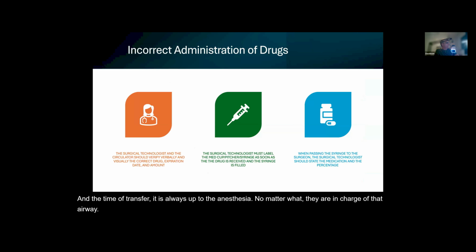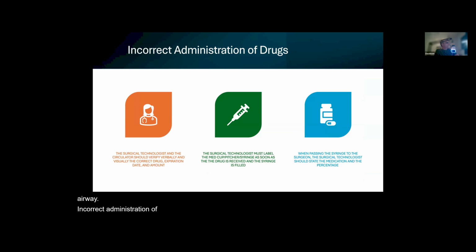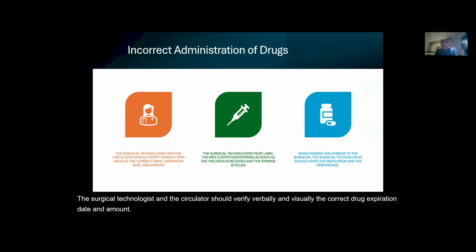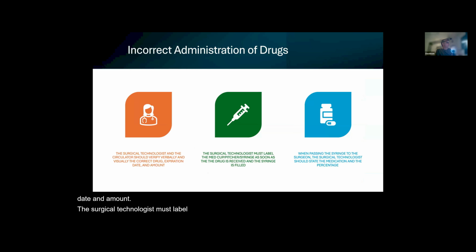Incorrect administration of drugs. The surgical technologist and the circulator should verify verbally and visually the correct drug, expiration date, and amount. The surgical technologist must label the med cup, pitcher, and syringe as soon as the drug is received and the syringe is filled.